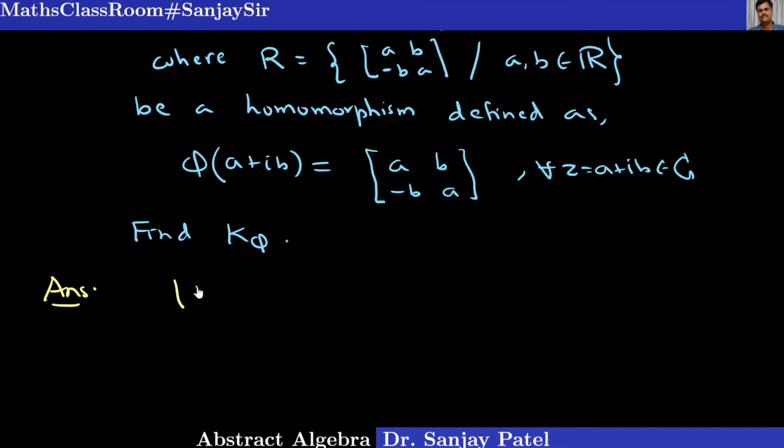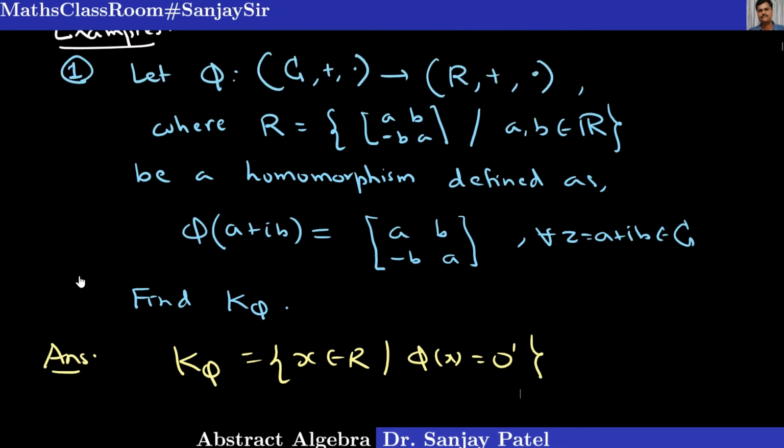we know that the kernel of phi is the set of all those elements in the domain. So the domain is a set of complex numbers. Let me first write the definition so that you can understand. Set of all x belonging to the domain ring such that phi of x is equal to 0 dash, where 0 dash is the 0 of the codomain. Now here in our case, the set of complex numbers is R, and this codomain ring R dash is the ring of matrices.